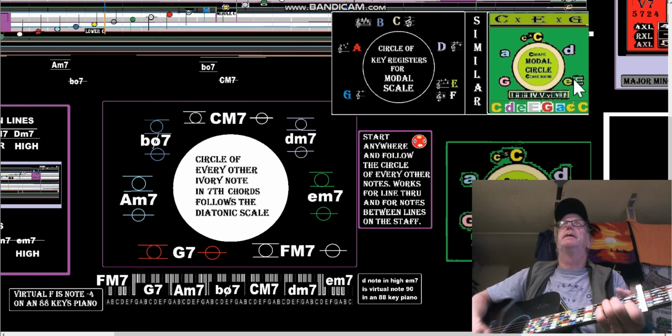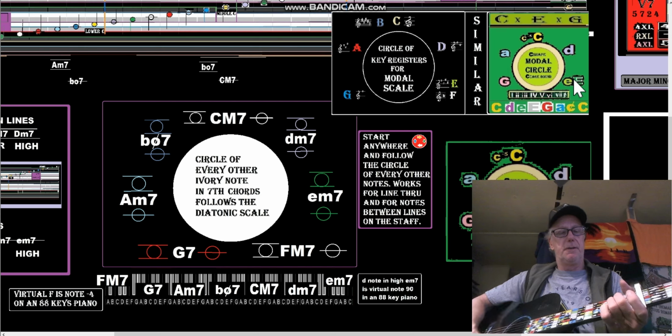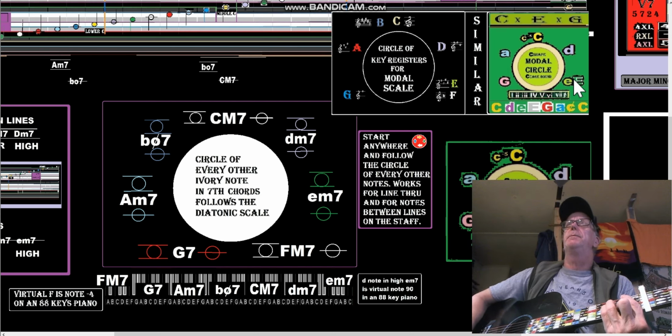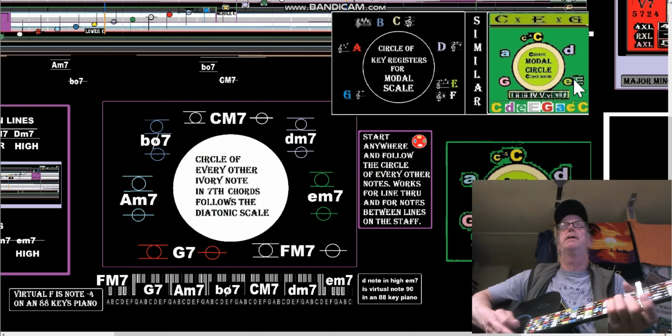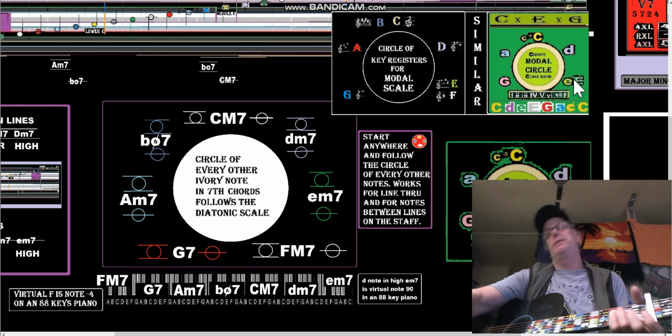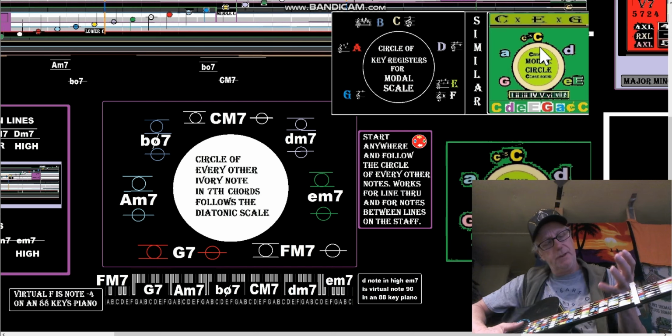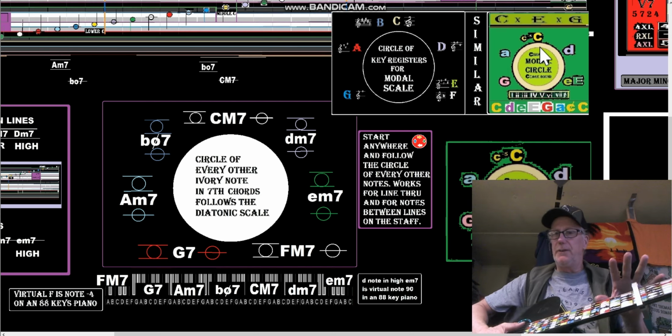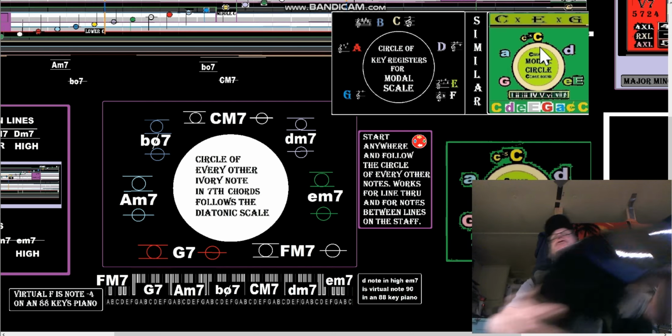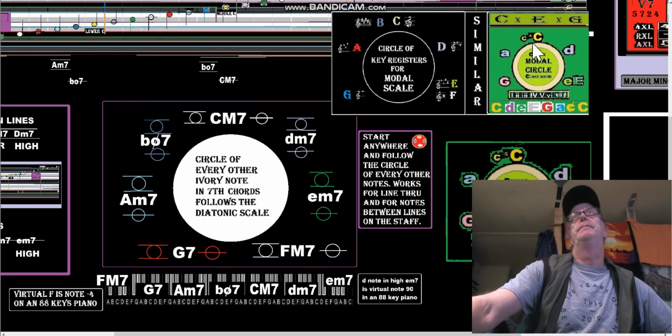C, D minor, E minor, E-shaped F, G, A minor, and then we do the little thing for half diminished, okay, which is another thing, but it's the C minor shape with the diminished fifth.